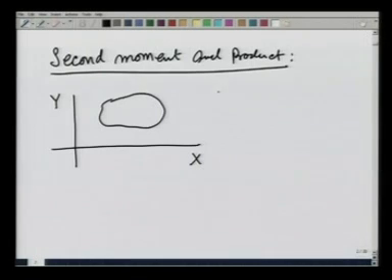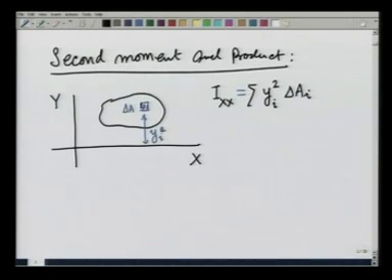Then the second moment I xx about the x axis is defined as, I take a small area delta A, multiply this by the perpendicular distance from the x axis squared, and add it up.